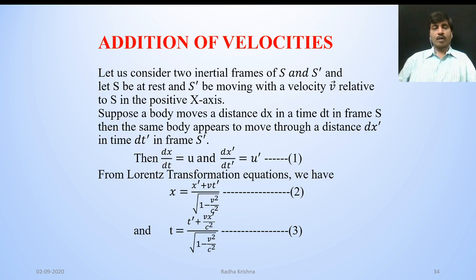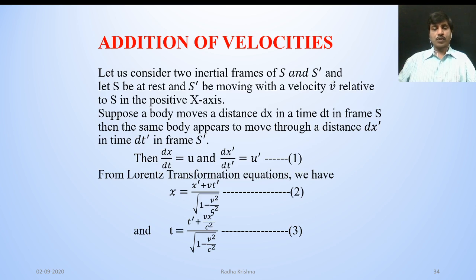From Lorentz transformation equations, we have x is equal to x dash plus v t dash by square root of 1 minus v square by c square. That is equation 2. And t is equal to t dash plus v x dash by c square, by square root of 1 minus v square by c square. That is equation 3.